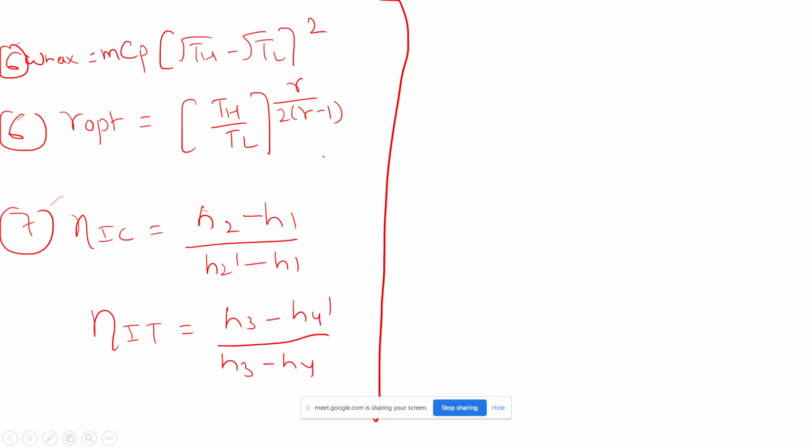These are the important formulas which you need to remember for the whole Brayton cycle. Hello, yes, sir. Is it fine?